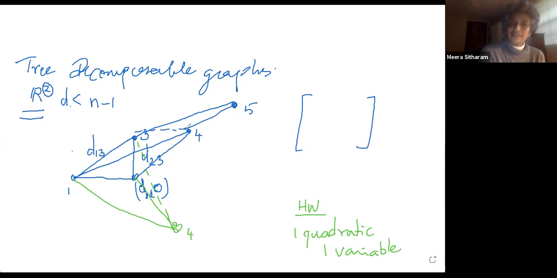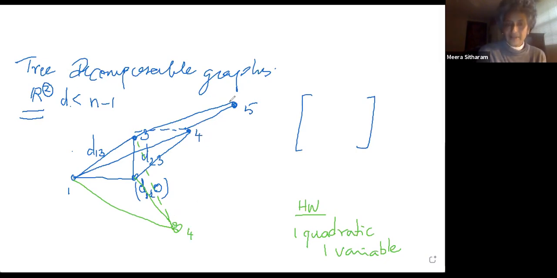So offhand, in order to verify where to place 5 and not have to go back and change the position of 4, we could do that. We could change the position of 4. There are two possibilities for 4. We could change the position of 4 in order to be able to place 5.